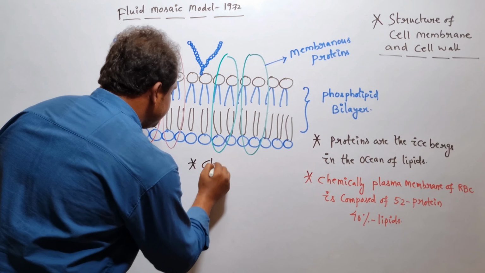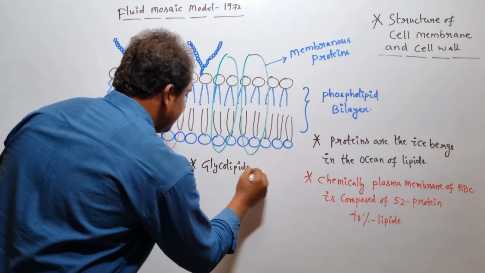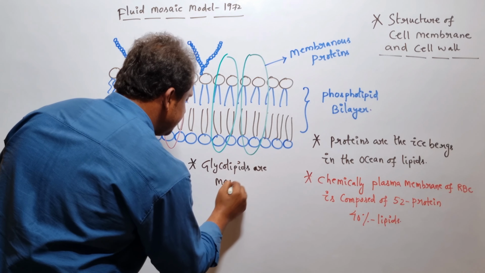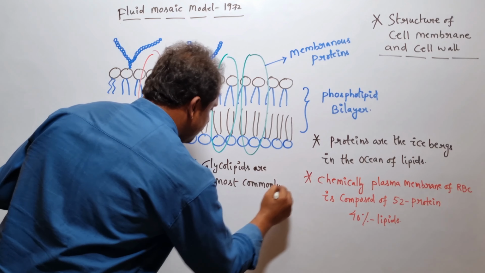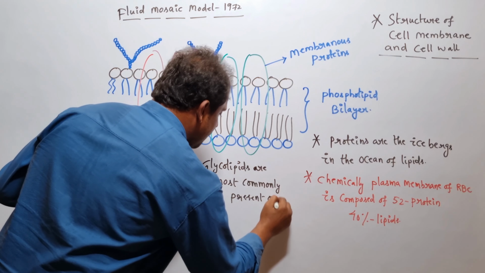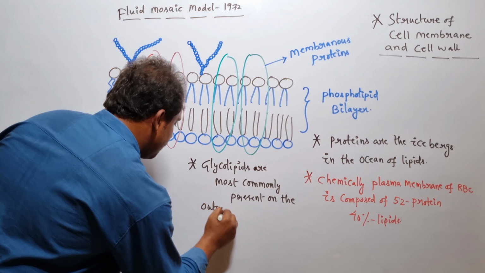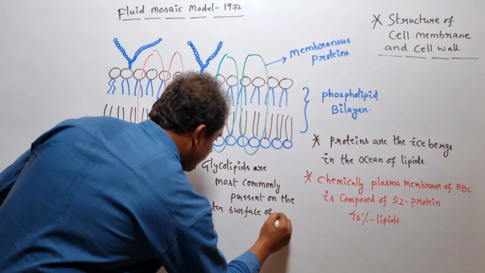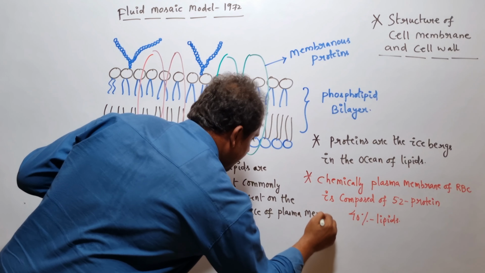Glycolipids are most commonly present on the outer surface of the plasma membrane in eukaryotes.